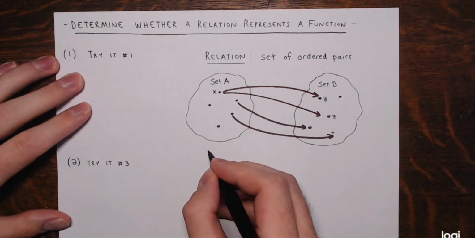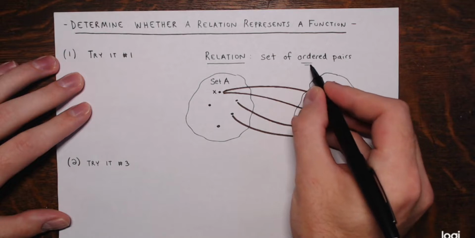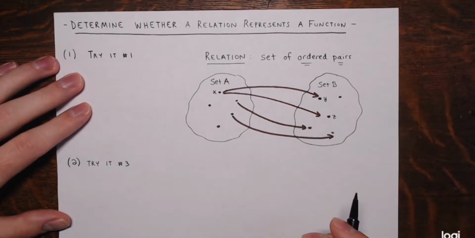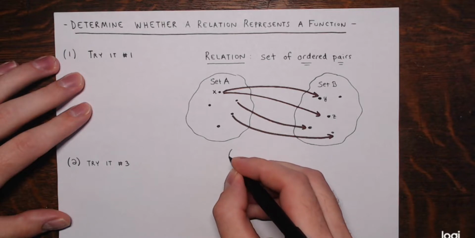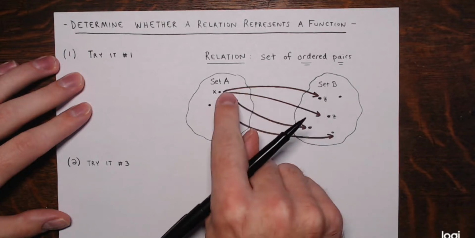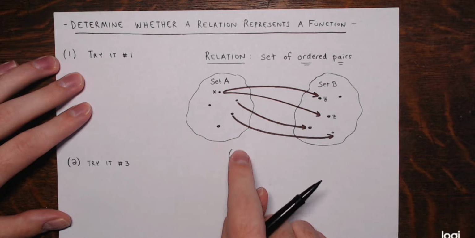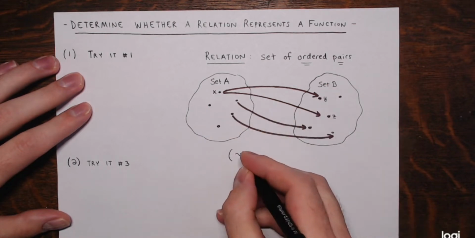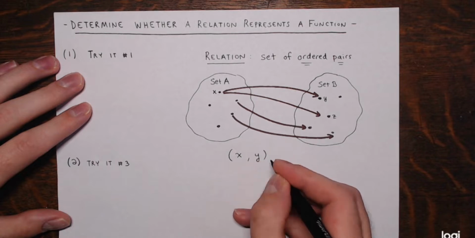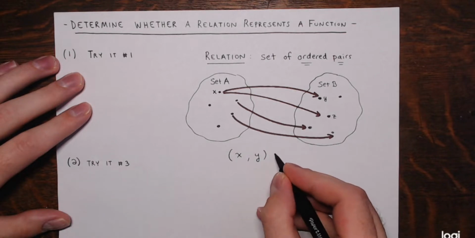Pairings are represented by ordered pairs, like when you were graphing on the XY coordinate plane, those kinds of ordered pairs. So these arrows I'm drawing in this picture can be represented by an ordered pair. X is paired with Y, so X comma Y is in this relation that I'm drawing.